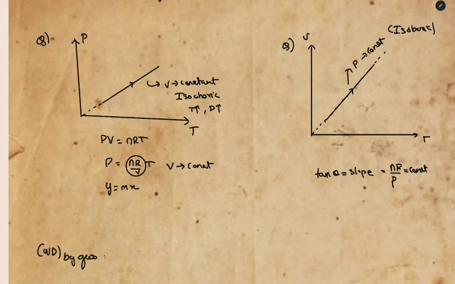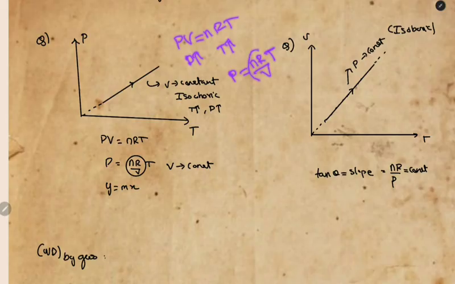It's simple, because we know the formula PV is equal to nRT, and we are given that pressure is going to increase and temperature is going to increase. We can also rearrange it like P is equal to nR by V times T, right? This is the equation of a straight line, and this will definitely be the slope.